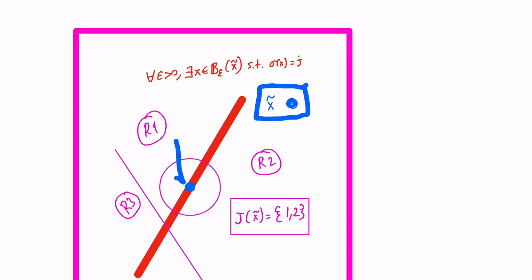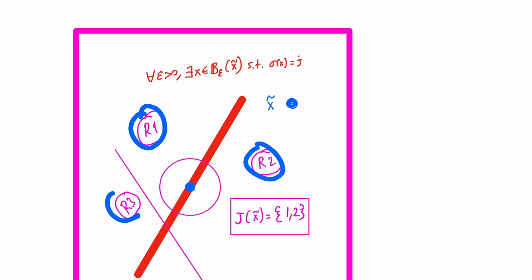Then we have R1, R2, and R3 regions, and we look at a neighborhood or an open epsilon ball, and then we basically return the active sets. That is it.